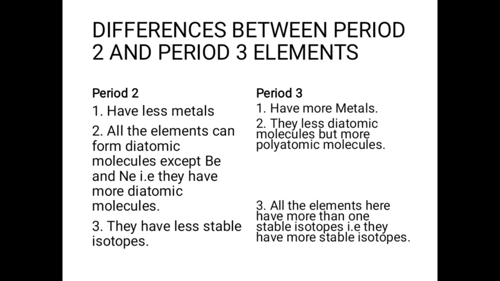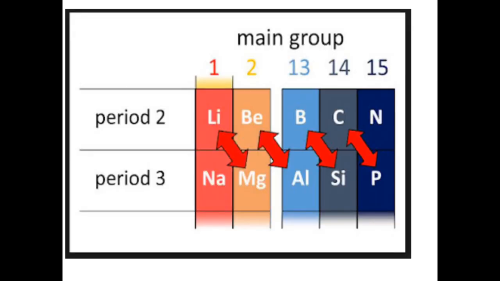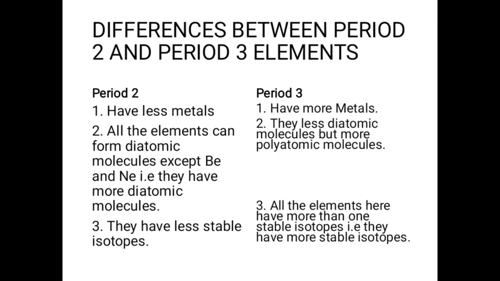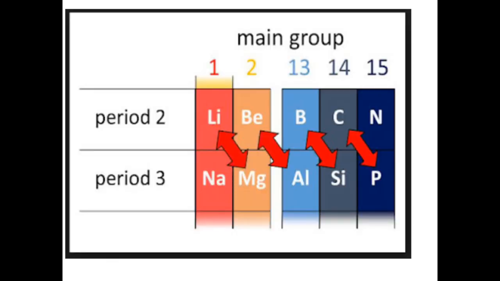Okay, let's look at the difference between period 2 and period 3 elements. Period 2 has fewer metals. You can check, only lithium and beryllium are metals, others are metalloids and non-metals respectively.